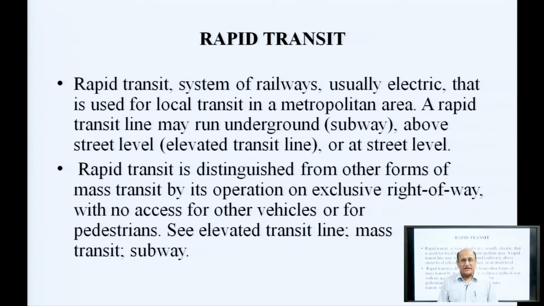Rapid transit is distinguished from other forms of mass transit by its operation on an exclusive right of way with no access for other vehicles or pedestrians. Examples are an elevated transit line and a mass transit subway.